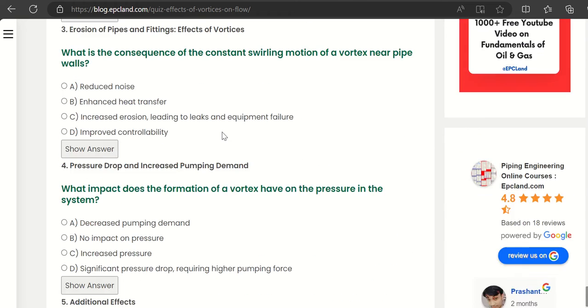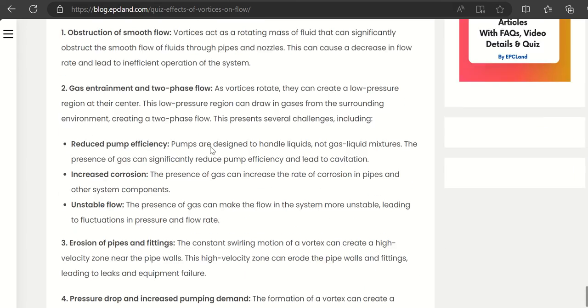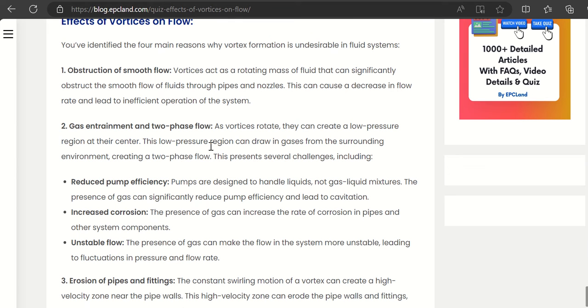Suppose if you look at this picture, suppose this vortex breaker is not there, then there will be formation of vortices at the openings when we start draining off these vessels or tanks. So these vortices will be formed. Once these are formed, this will create obstruction to the smooth flow. There will not be any smooth flow out of these nozzles, which can cause many things.